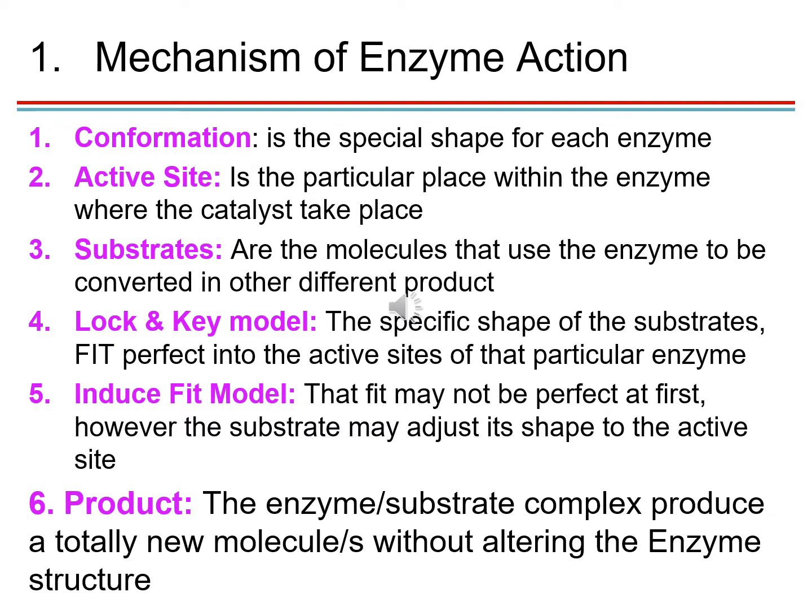They are not similar to each other in terms of that particular 3D shape. All of them have an active site. The active site is a special place within the enzyme that is used to produce this conversion, used by the substrate or reactants in order to produce a totally new product.